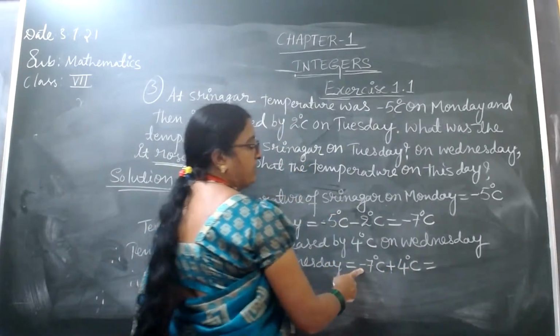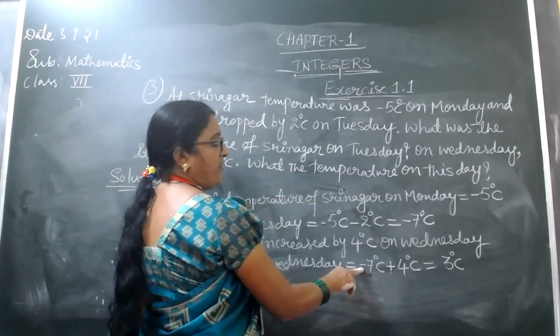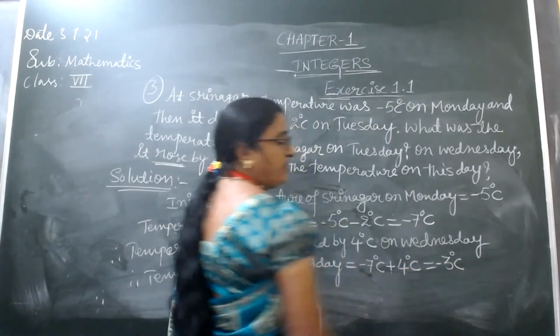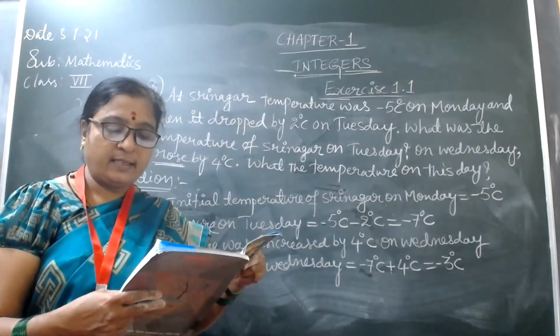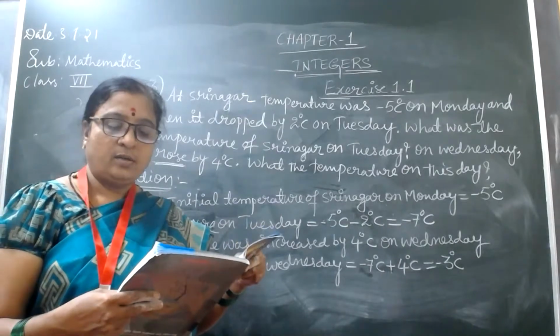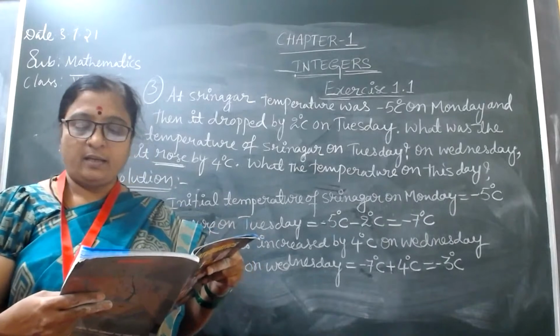So again, unlike sign is there, subtract. The greater integer is 7, minus sign is there. So write down minus 3 degrees Celsius. So this is the solution of question number 3.